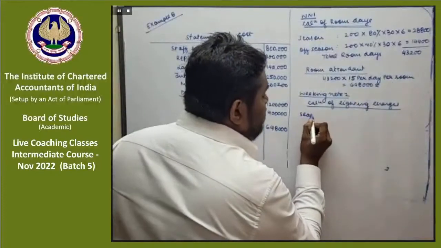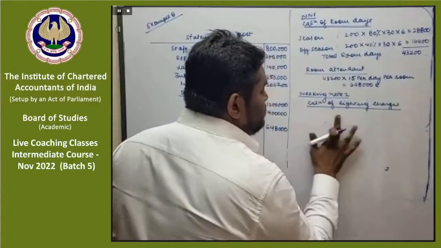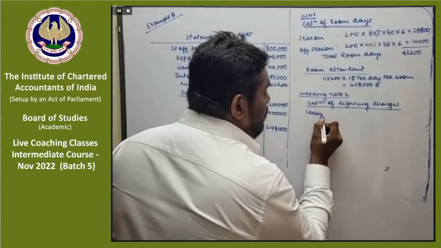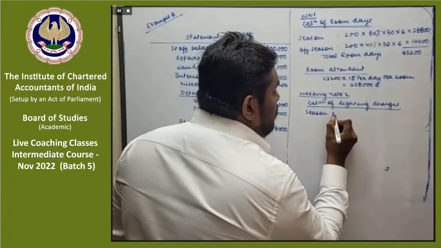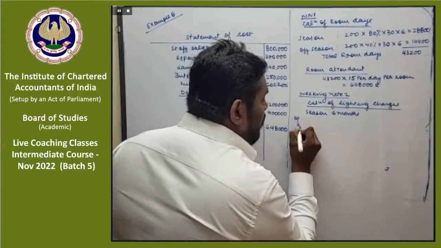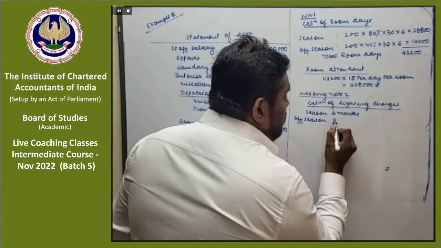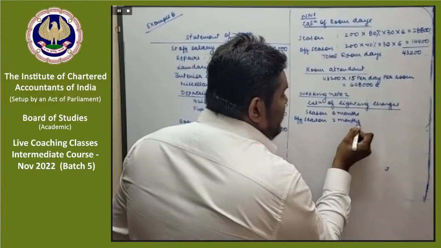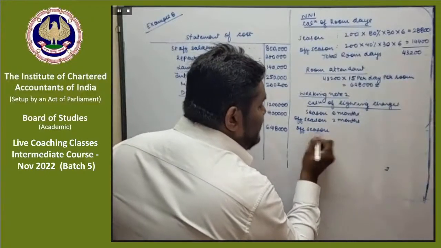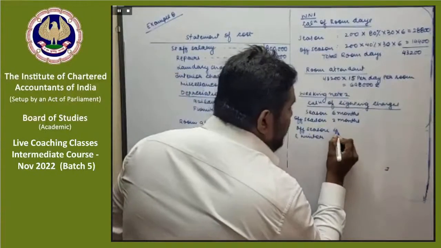That is, in season, the calculations will be separate. Season 6 months, off season 2 months, and off season, that is winters, it is again 4 months.